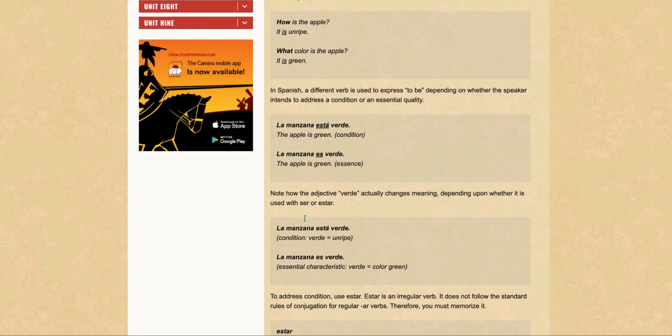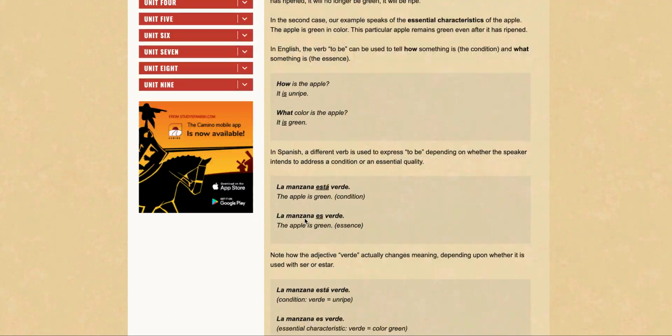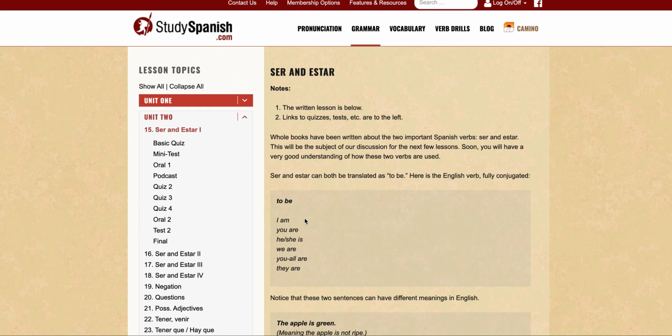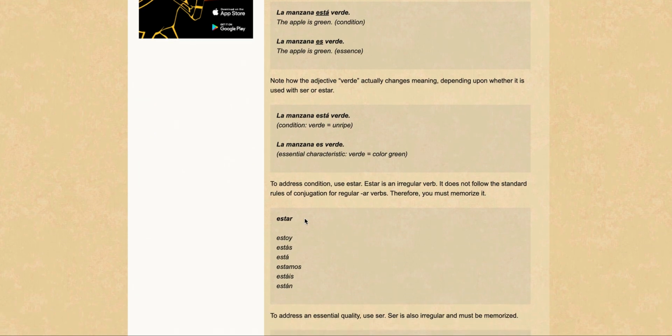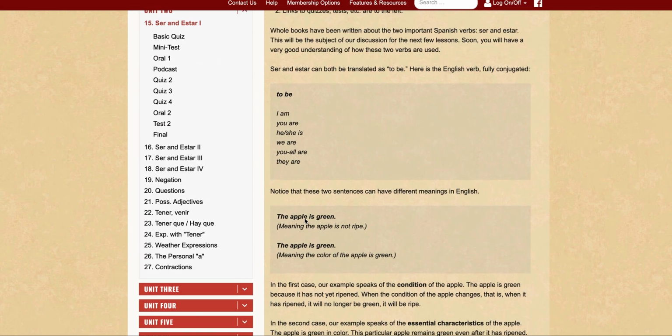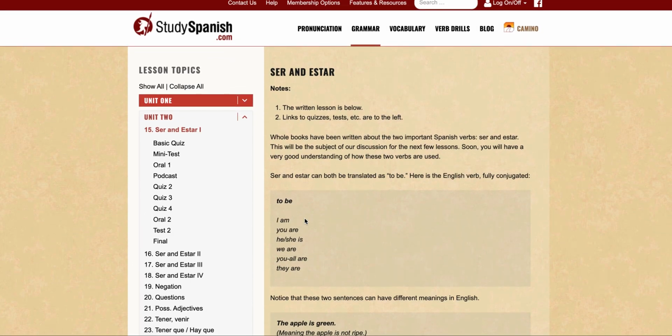The third one is he or she, él or ella, and most of them, from what I've seen, end with a, so this would be está or es. The fourth one is we are, and this ends with mos, so it's estamos and somos.